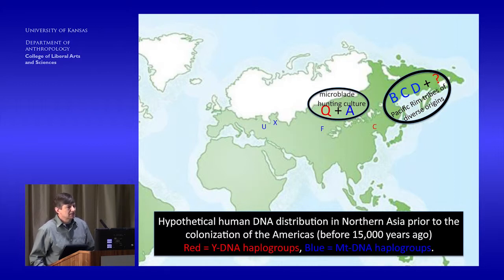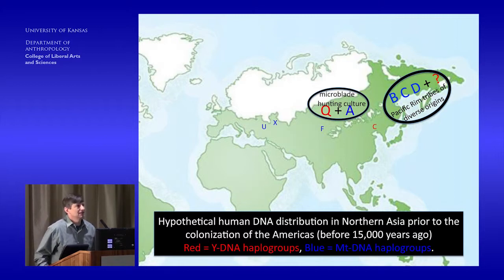My hypothesis is this. The rise of cultures that started hunting as the Ice Age was ending, using microblade technology that came to be the Dyuktai culture in North Asia, a highly successful culture.